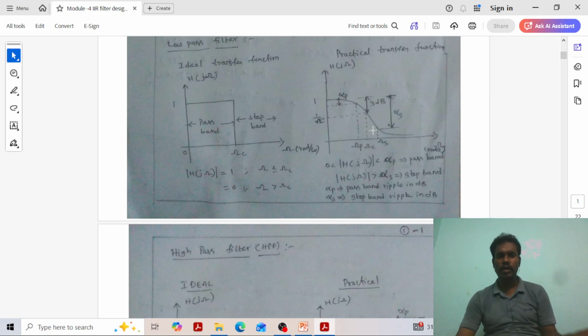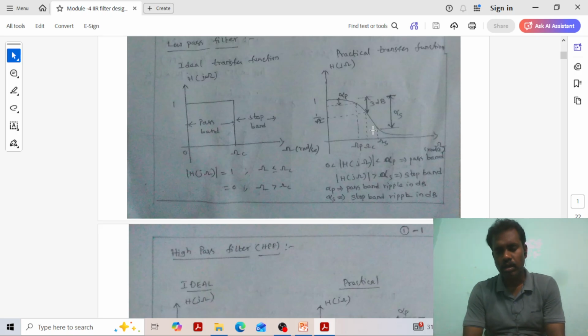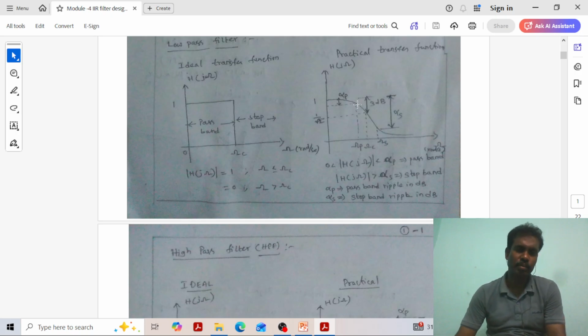And for my application, I don't want to compromise up to 70% of the input signal. I need a higher percentage of the input signal to be reproduced at the output. That means I can reduce the passband frequency to one having less than minus 3 dB.